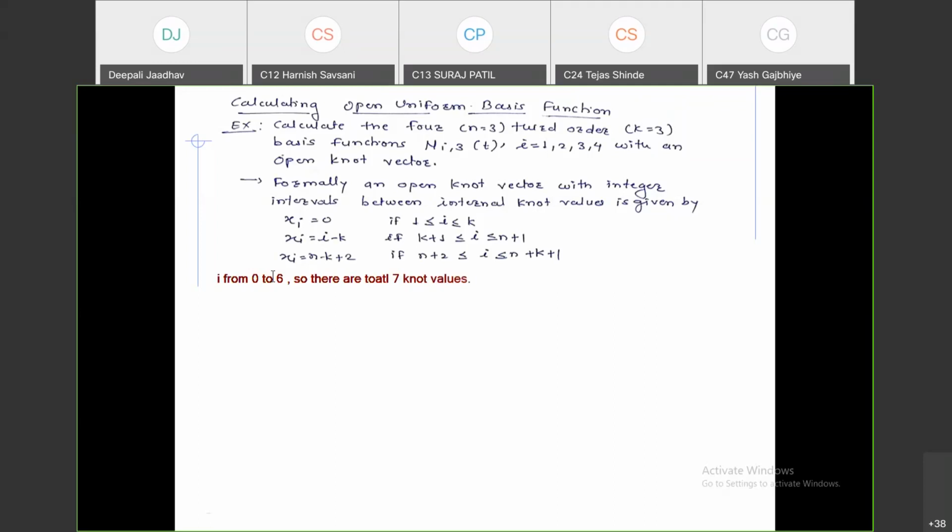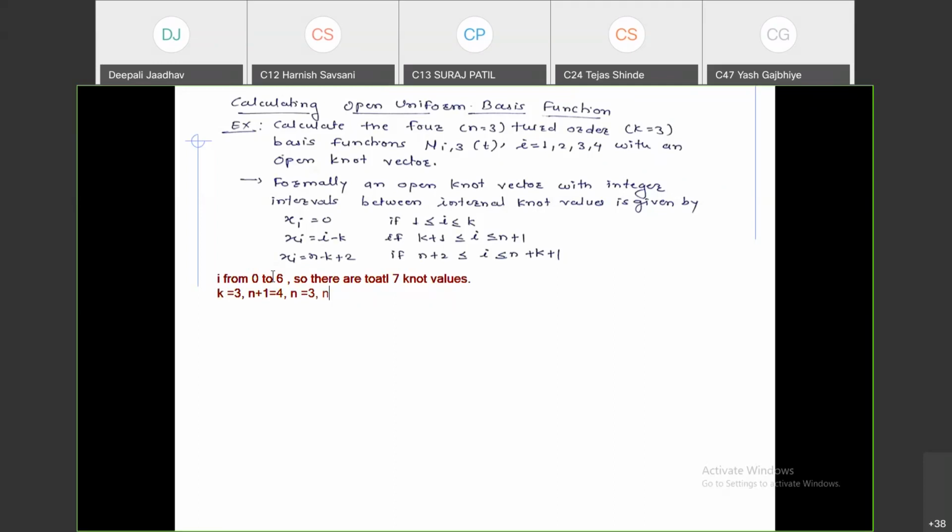Now we are going to find these 7 knot values. For that, again I write here: k is equal to 3, n plus 1 is equal to 4, then n is equal to 3, and for this equation we require n plus k plus 1.